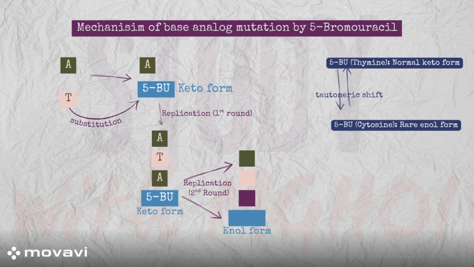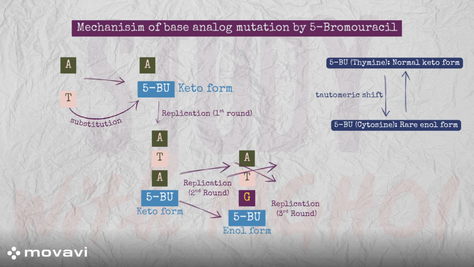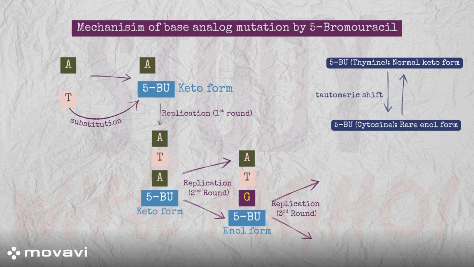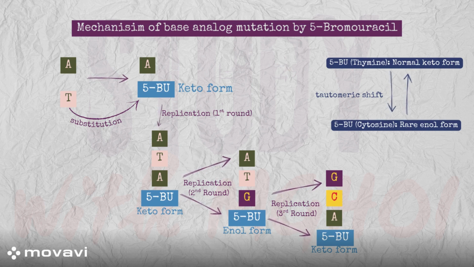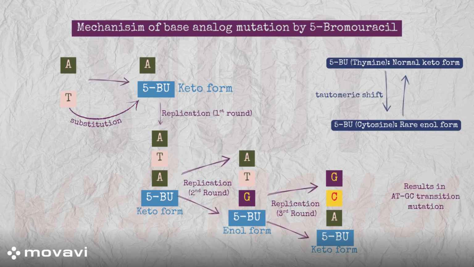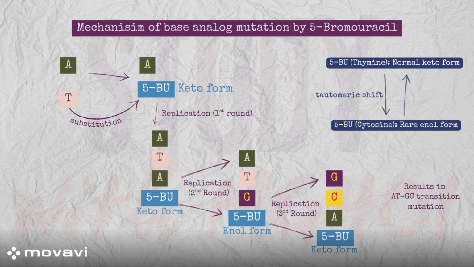In the third replication round, guanine is finally paired with cytosine, and adenine maintains its 5-bromouracil base pair partner in its keto form. Replication results in an AT to GC transition. This is considered a mutation since it's an alteration from its original AT form.